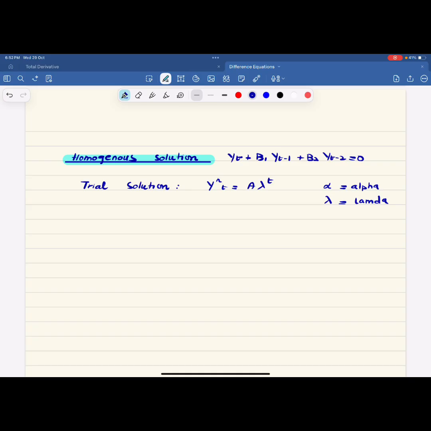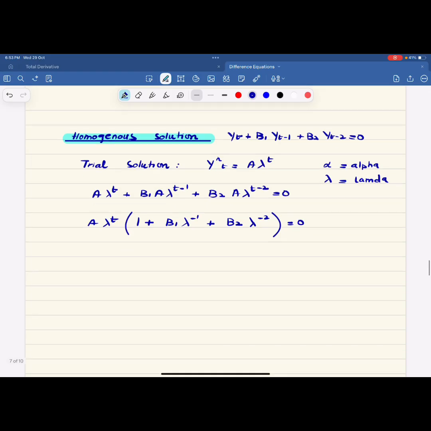Okay, so we get A lambda^t plus beta 1 A lambda^(t-1) plus beta 2 A lambda^(t-2) is equal to 0. If I take A lambda^t out as common, I'll be left with 1 plus beta 1 lambda^(-1) plus beta 2 lambda^(-2), and this is going to be equal to 0.